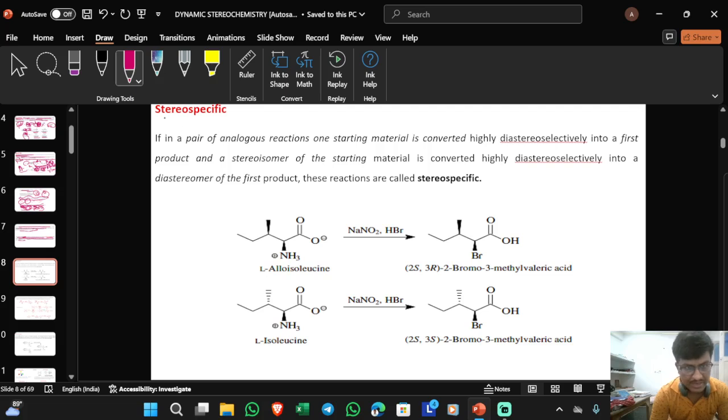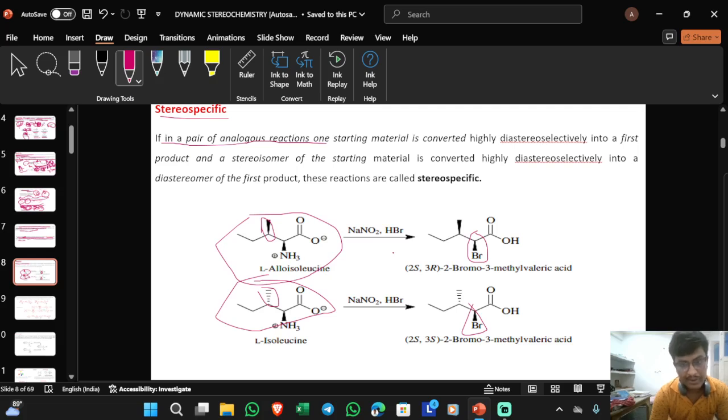Then you read now so you understand this topic, and specificity. First of all, let's say who is writing these lines, read now. I am starting: in a pair of analogous reactions, this is a reaction where you observe that everything is the same, but this group and this group are different, and this group affects the product created.